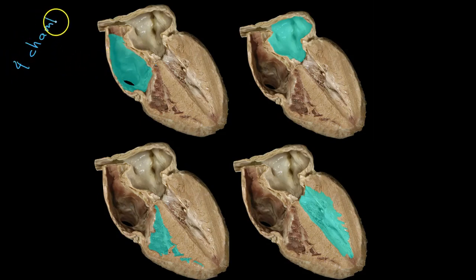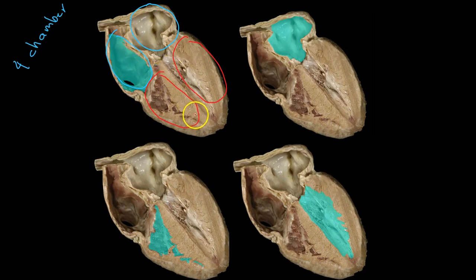There are 2 superior chambers, each called an atrium. And then we have 2 inferior chambers, which are called ventricles.